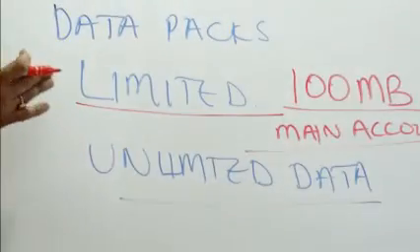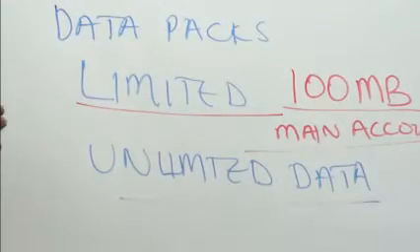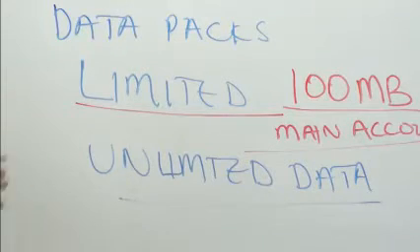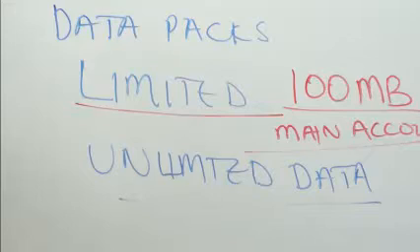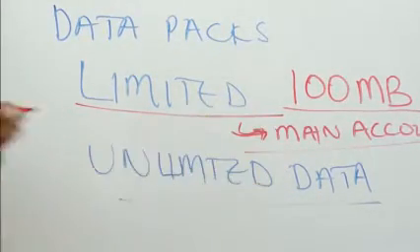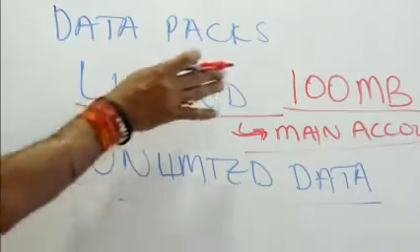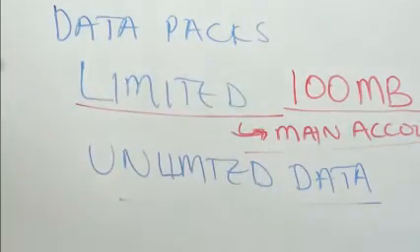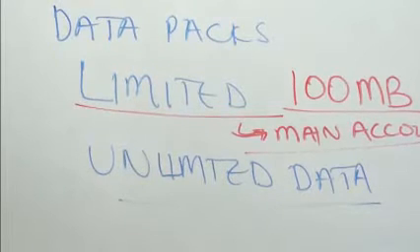So it is like a generator is available: electricity goes, the moment electricity goes your generator starts working and all equipment starts working, but you have to pay for the generator diesel. So in this case, once your data pack is consumed, your main account balance gets charged for the data.